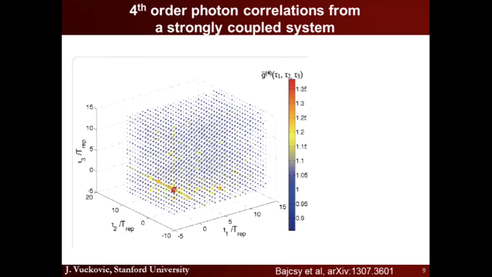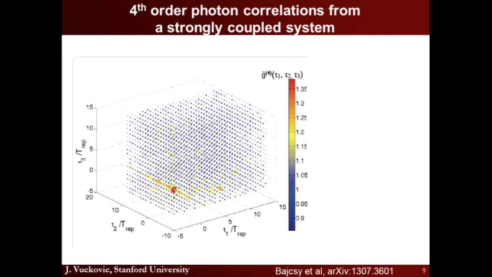Okay, click. And this is just an example of how far we managed to go. We have also measured fourth-order photon correlations. So now you see this three-dimensional plot. Tau 1, Tau 2, and Tau 3 axes correspond to delays between first and second, second and third, and fourth photon. And all the dots in this plot correspond to correlations between these four different photons.